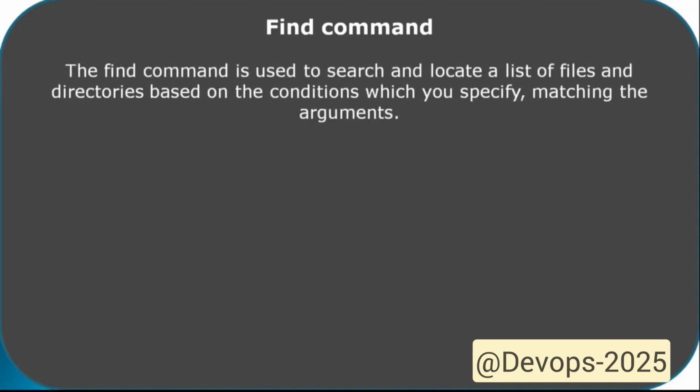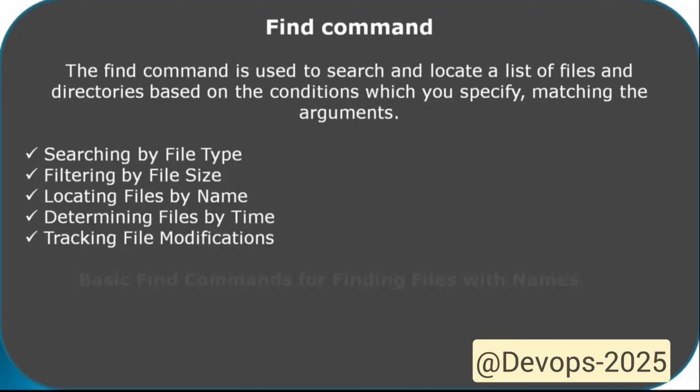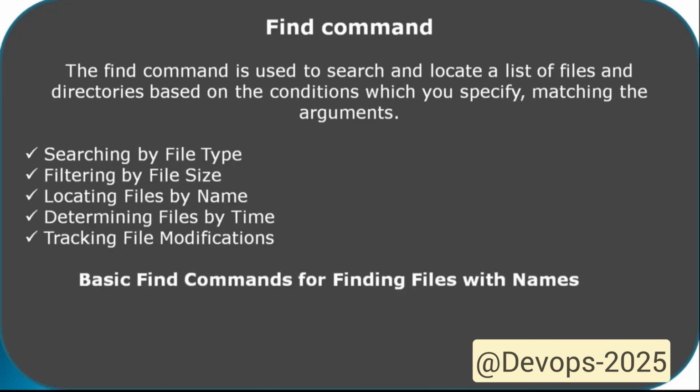So with the help of the find command, we can find files by permissions, users, groups, file types, dates, size, and various other parameters. This session is divided into 5 parts. The first part is the basic find command for finding files and directories by their names.